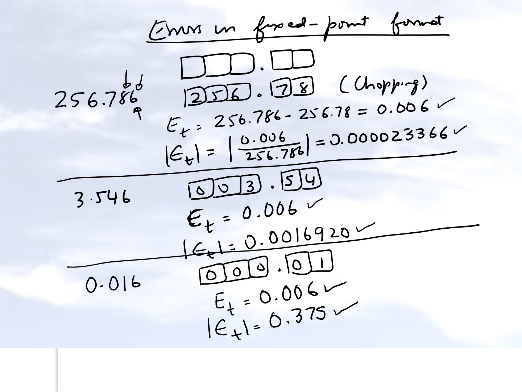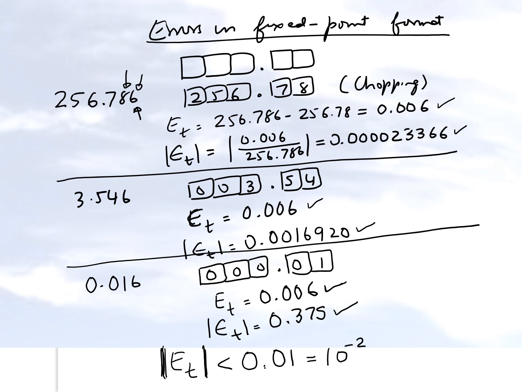In fact, when we look at the true error, the absolute true error when we have the fixed point format is always going to be less than 0.01 in our case. It is not going to be anything more than that. So you take any number from 0 to 999.99, and you'll find that the true error will always be less than 10 to the power minus 2.